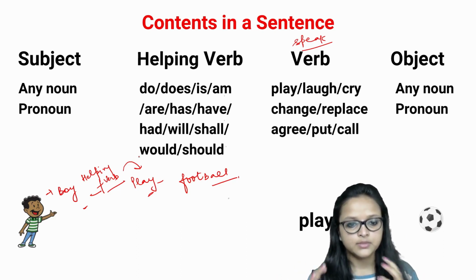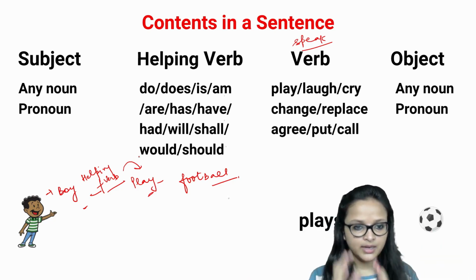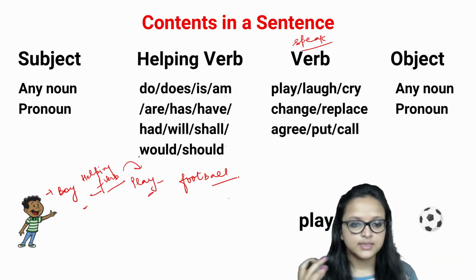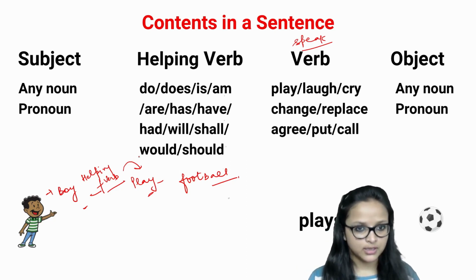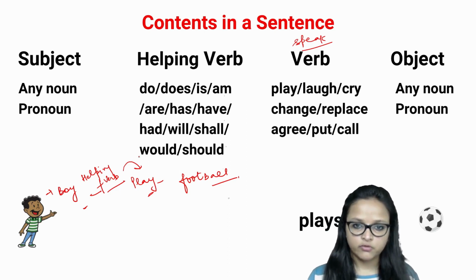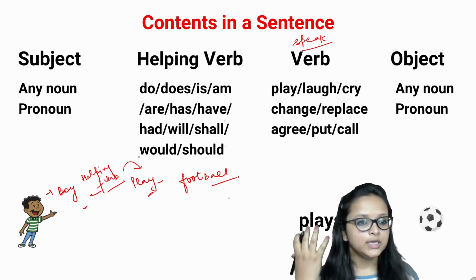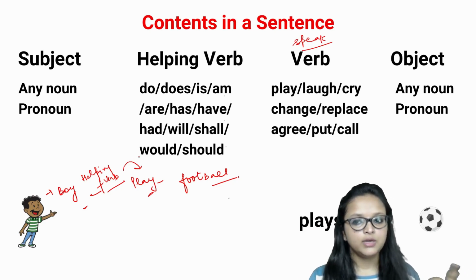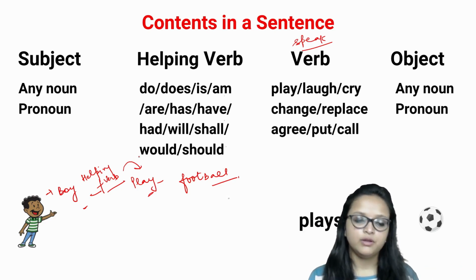I am singing a song. I is the subject, am is my helping verb, sing is again the verb, and then song is my object. So this is the basic of a sentence. You need a subject to perform your activity, you need an activity to perform, and then you need an object which is optional. And to complete or to bind your sentences together, you need helping verbs.